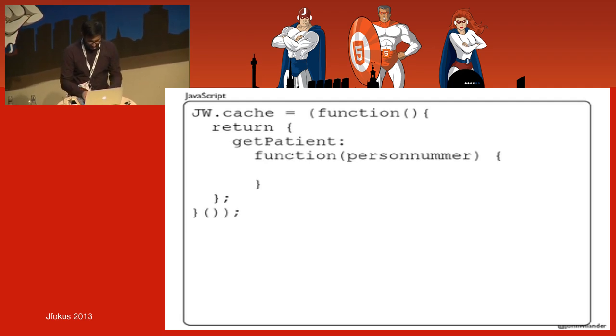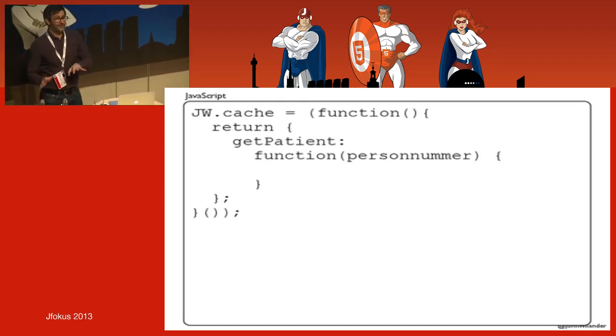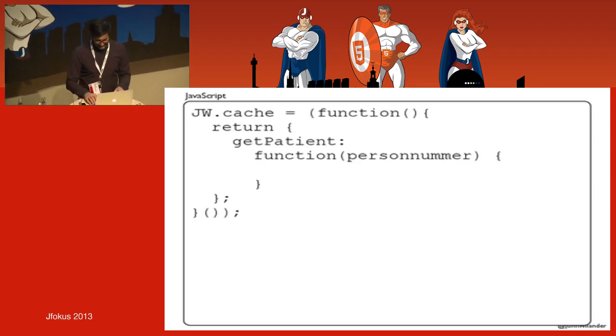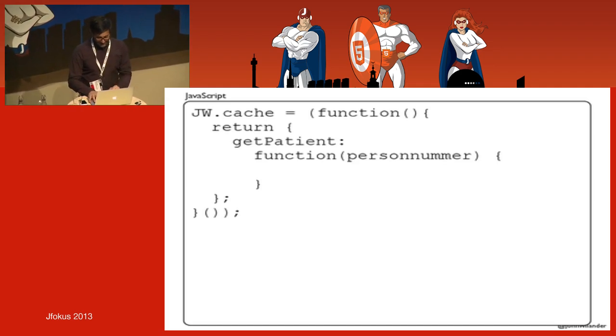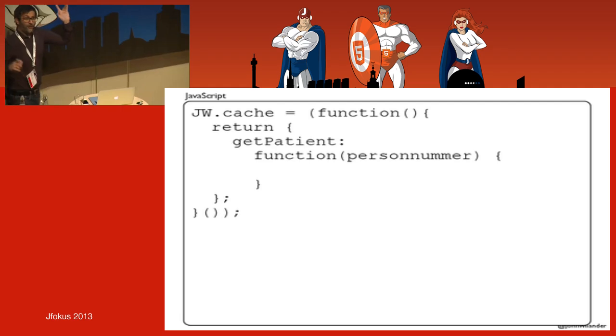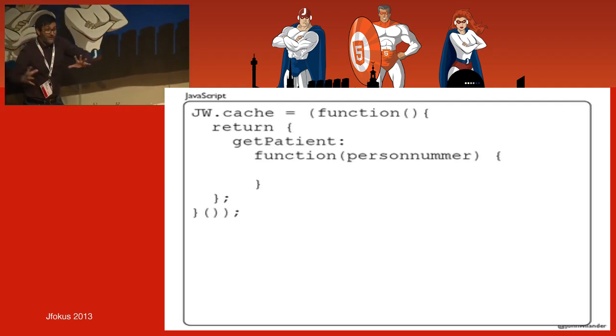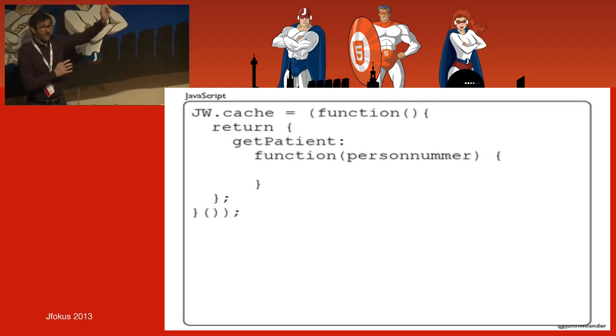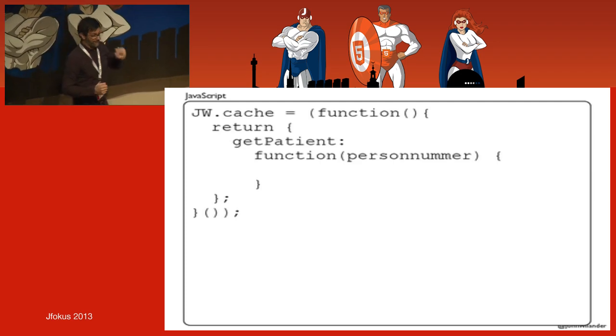Do you know about this guy? Yeah. So-called Tolvan, standard test patient in Swedish medical systems. It's a correct Swedish personnummer. But you get that we're returning an object that contains a variable getPatient that is a function, and we assign that to the cache variable.